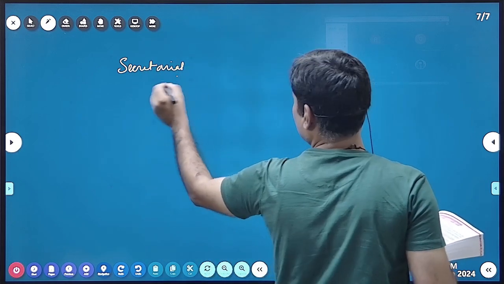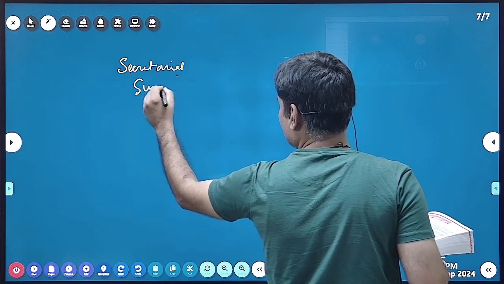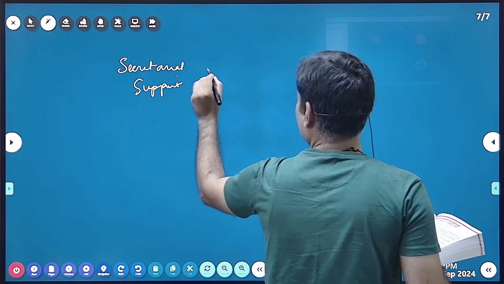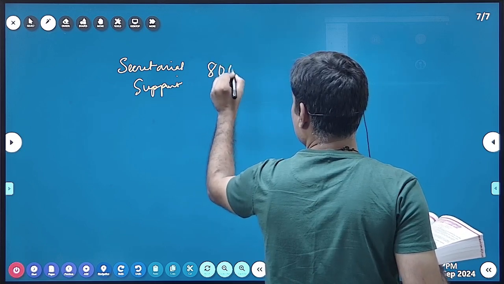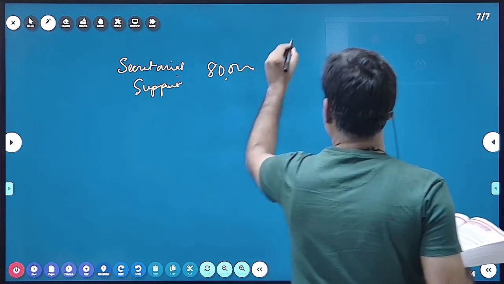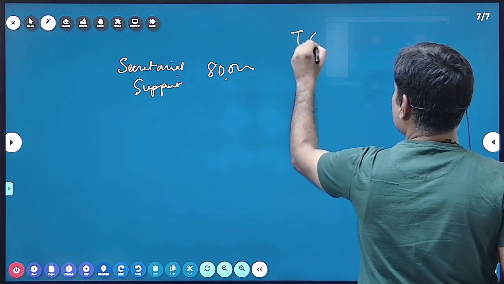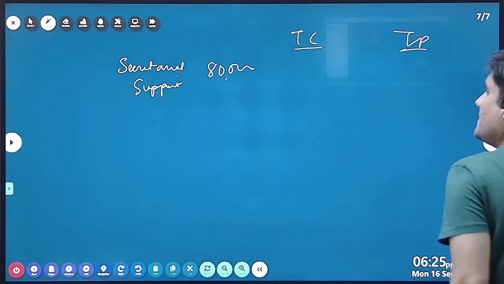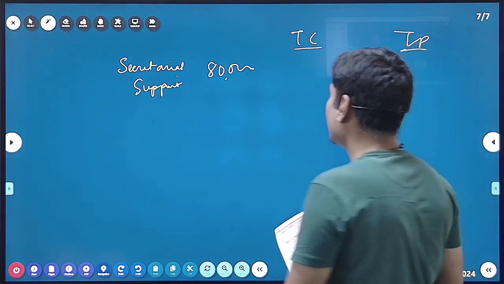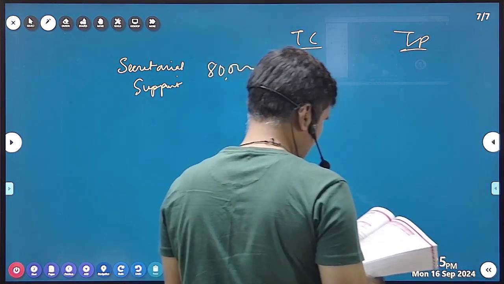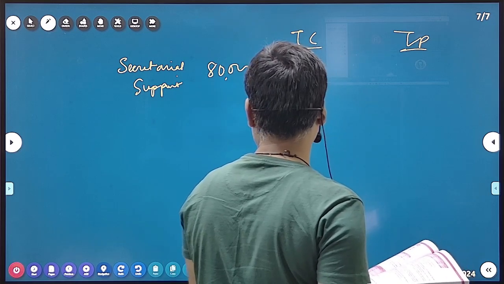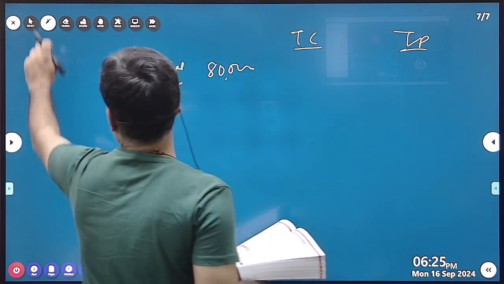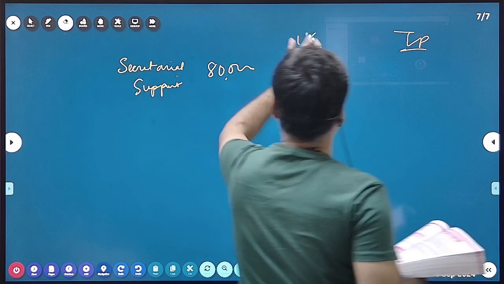How much is the cost? 80,000, for tax consulting and tax preparations. Okay, we will go one by one. We will find the rates.